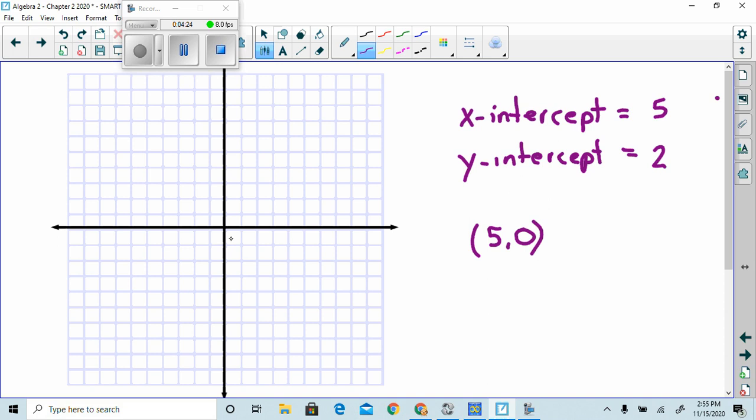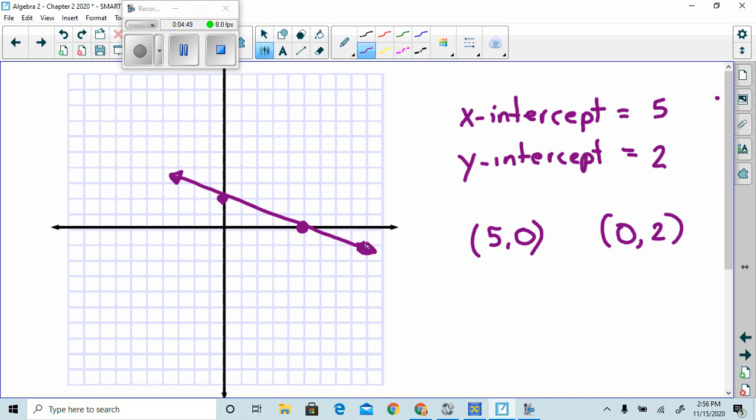Because if I count over 1, 2, 3, 4, 5 on my x-axis, that coordinate would be 5, 0. If it's telling me my y-intercept is 2, which falls right there, that tells me that that is 0, 2 is my coordinates. So now I have my 2 points, and all I need to do is connect those 2 points, and there's my graph.